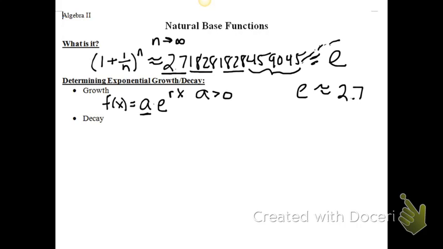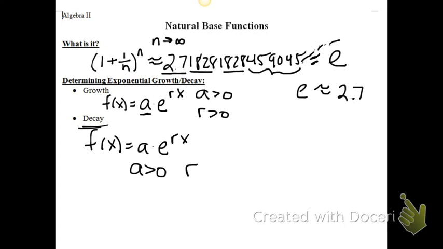And for this to be growth, your r value has to be positive or bigger than 0. And then you're going to have an exponential growth function. However, if f of x is a times e to the rx, if it's decay, we got to have the a value once again bigger than 0, but now r has to be less than 0. If r is less than 0, this thing will be a decay function.